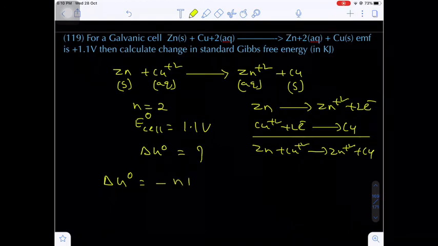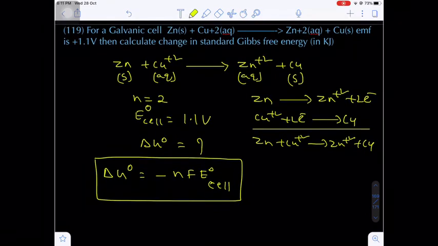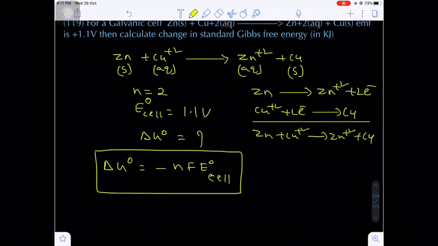Delta G naught value equal to minus nF E naught cell. So in the last class I explained this relation. We will discuss this in detail in the electrochemistry chapter also. But electrochemistry is related with thermodynamics, that's why we are dealing with one question in this thermodynamics chapter.